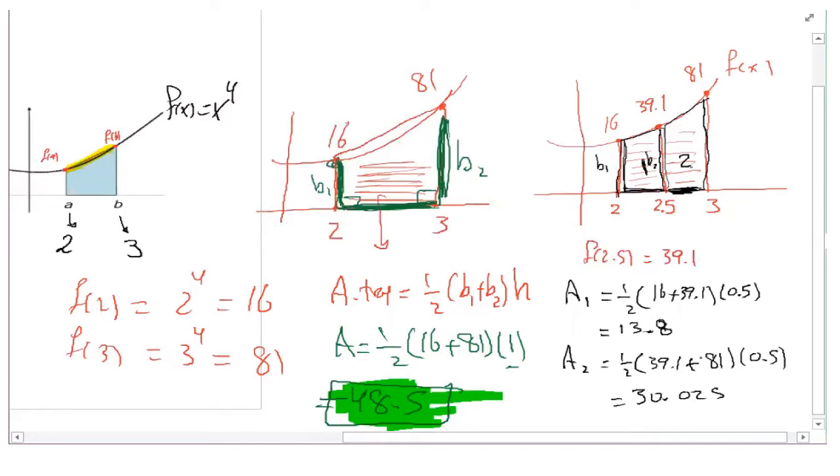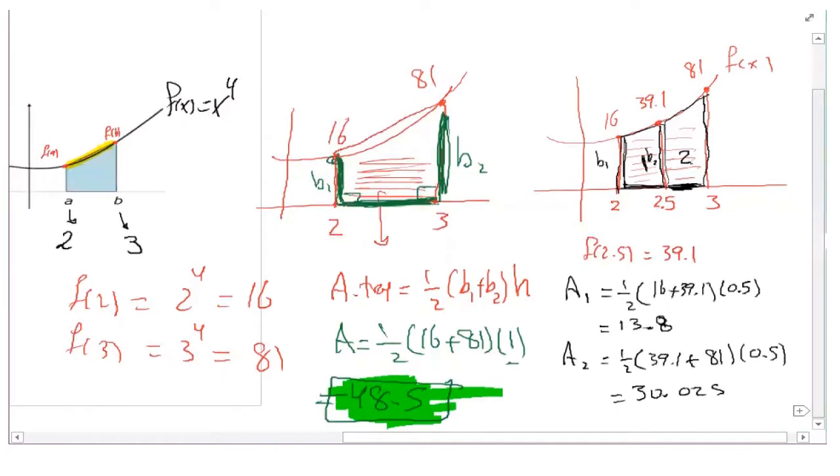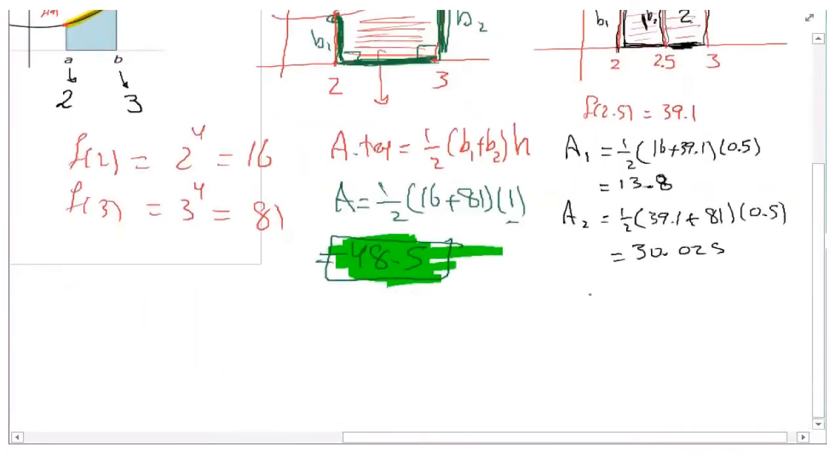So 30 plus 13.8, we will find that the area here is 43.8. So the total area by using the trapezoids is 43.8.